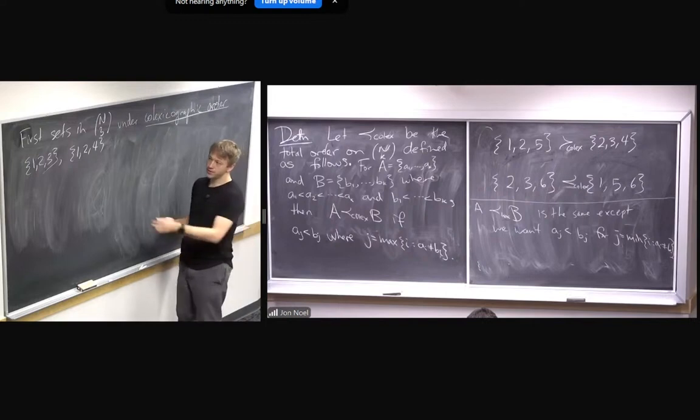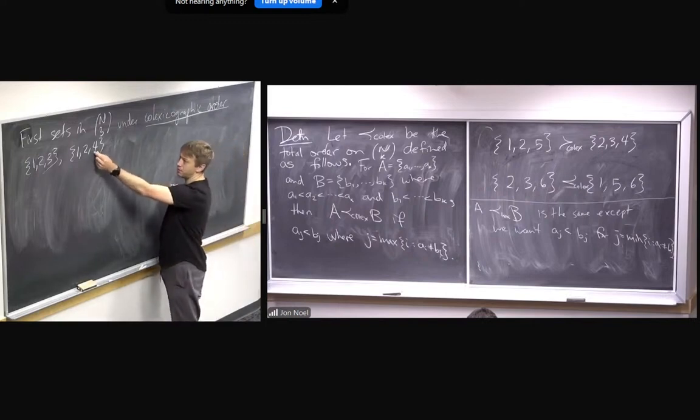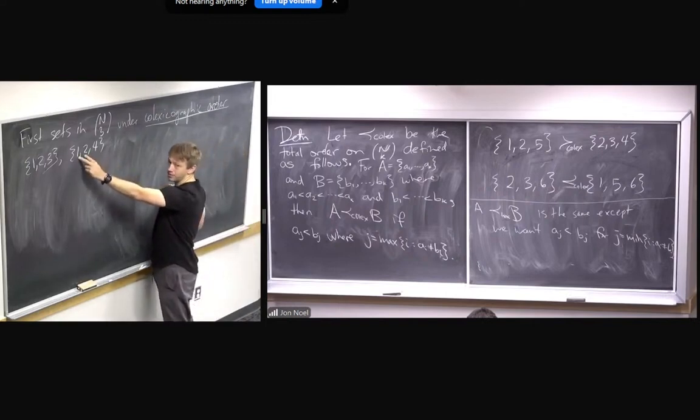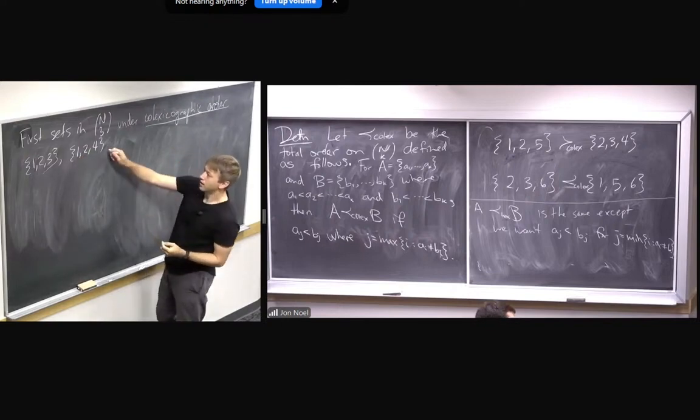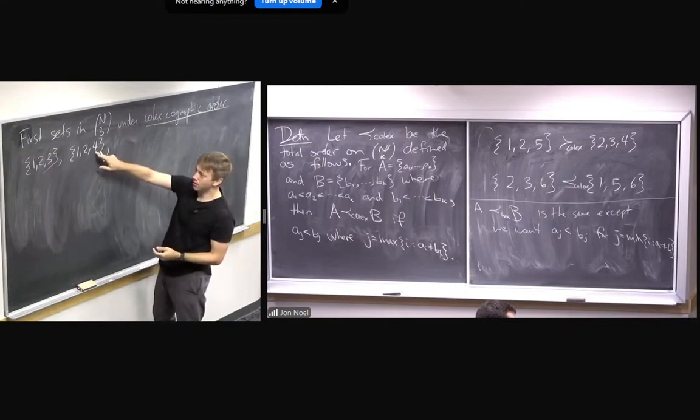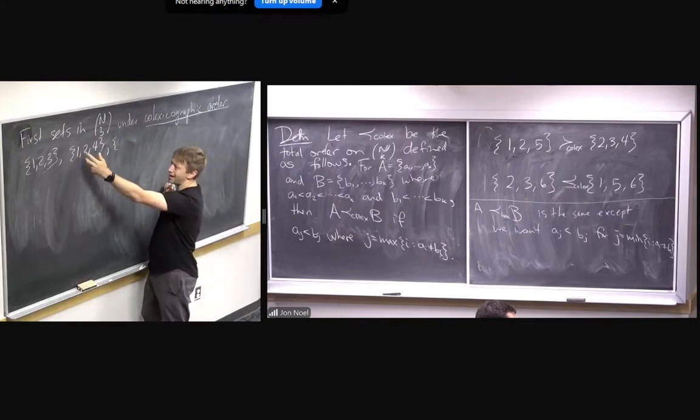But then, subject to using the number 4, we want to make the other two elements as small as possible. And so for a while, we're going to use sets that include 4. We want to keep these small, but now I can't keep these in 1, 2, so I have to move to 1, 3.